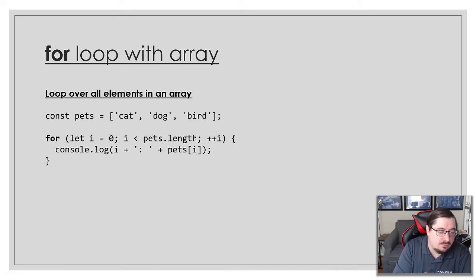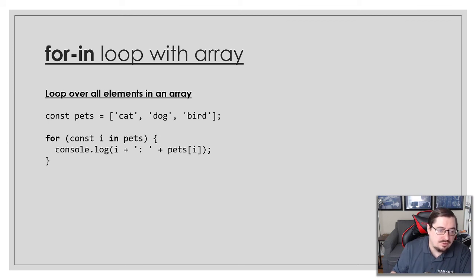I had to declare it with let. With a for in loop, I can actually declare this variable as const, which might seem weird, especially if you're thinking of const as being a constant. This doesn't necessarily make sense because obviously i is changing.